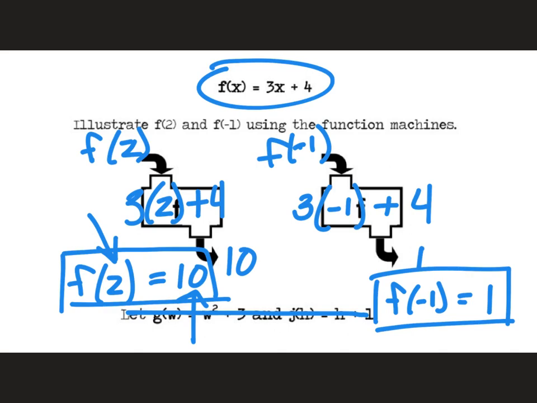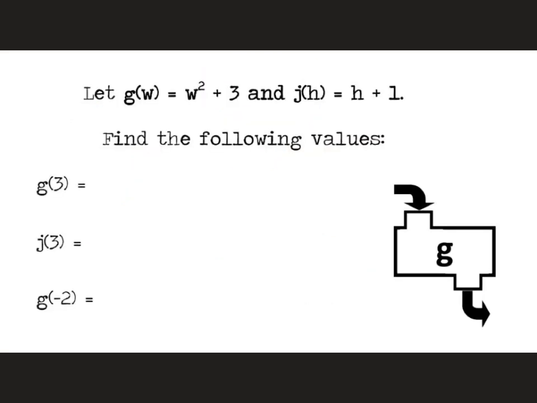So this kind of gives you the visual of a machine. Let's look at some more. All right, here's a bunch. If you notice at the top, we have g of w equals w squared plus 3, and then we have j of h equals h plus 1.